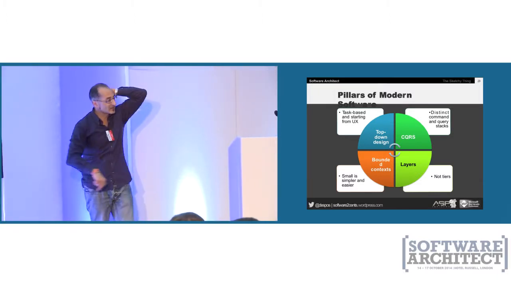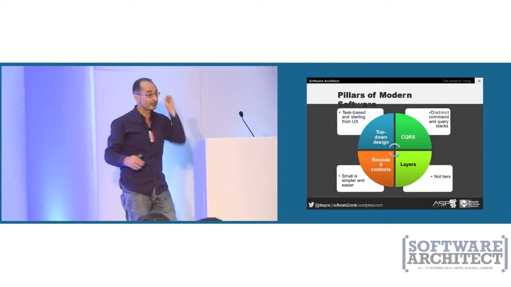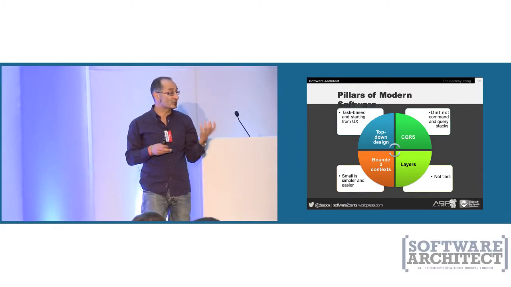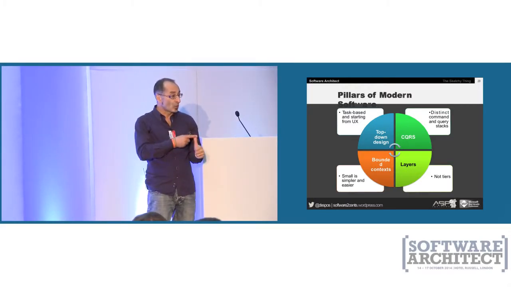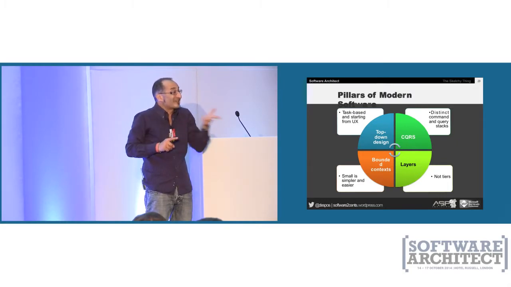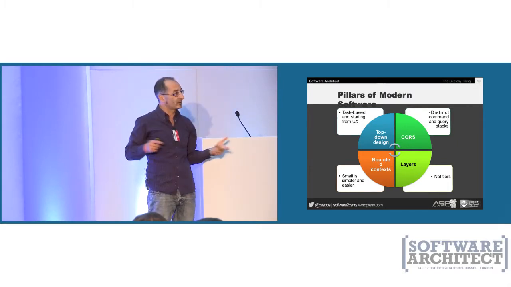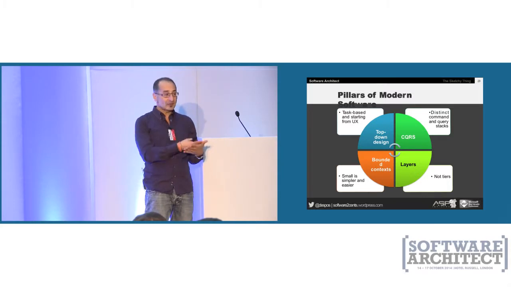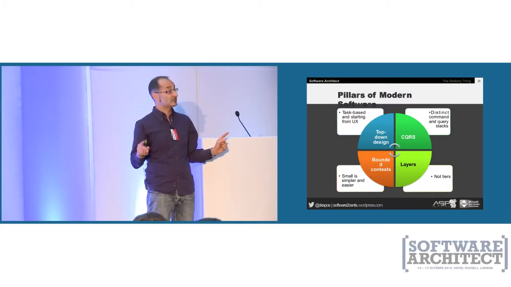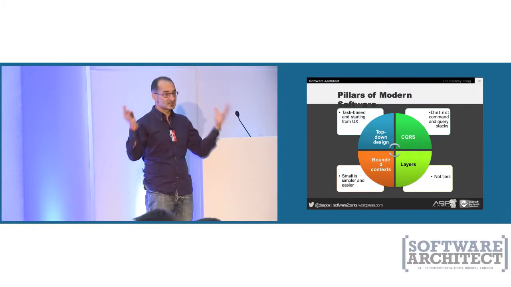To identify bounded contexts, you use ubiquitous language. So you try to learn nouns, verbs, terminology in the business. You come up with a glossary. And we're talking about hundreds and hundreds of words.